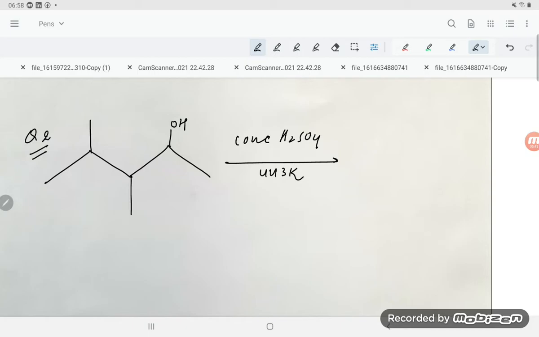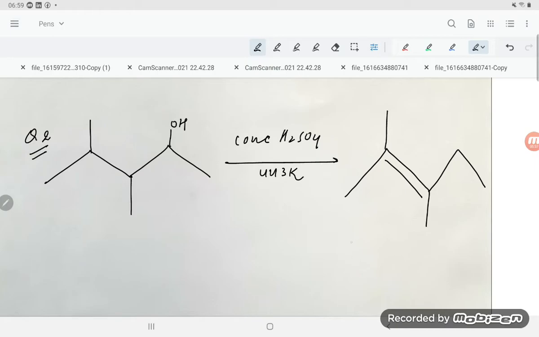So what product, student, what are the possibilities of product that will be there? The product is something like this. Here is a methyl group, here is a methyl group, this is the product.